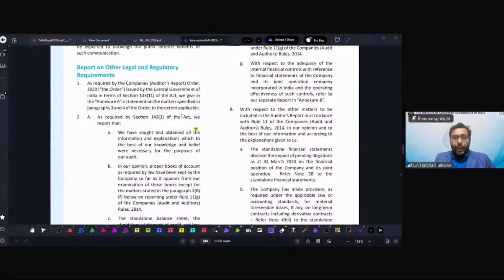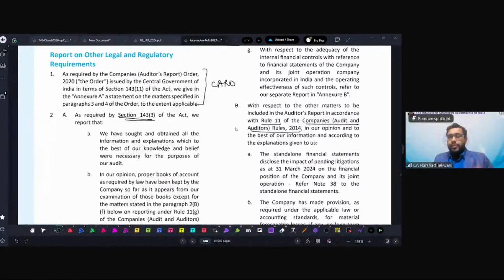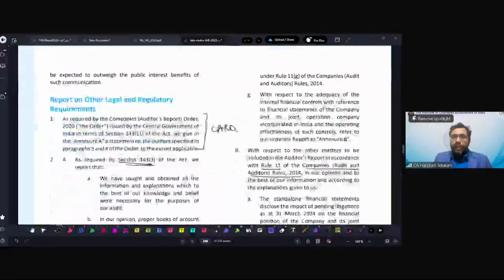So one is your Caro plus section 143.3 of the Companies Act plus your rule 11 of the Companies Audit and Auditors Rules 2014. These are the matters on which you are required to report in case of a company, and that will come under the report on other legal and regulatory requirements.